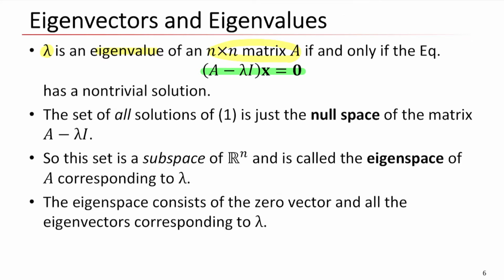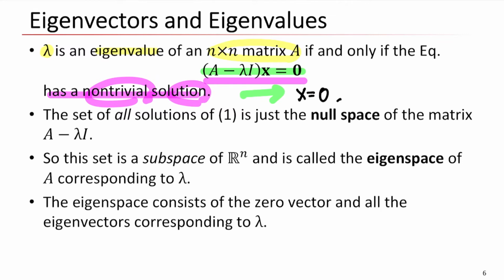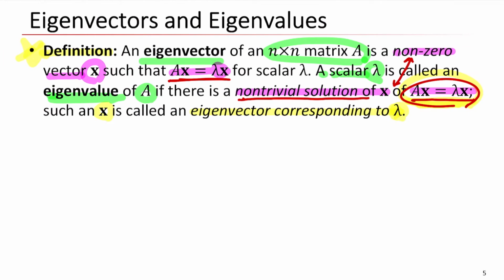So in this case, if an eigenvalue and eigenvector exist, this equation has a non-trivial solution, right? If this equation has only the trivial solution, X equal to 0, then in this case there is no eigenvalue or eigenvector, because by the definition here they are non-zero vectors.